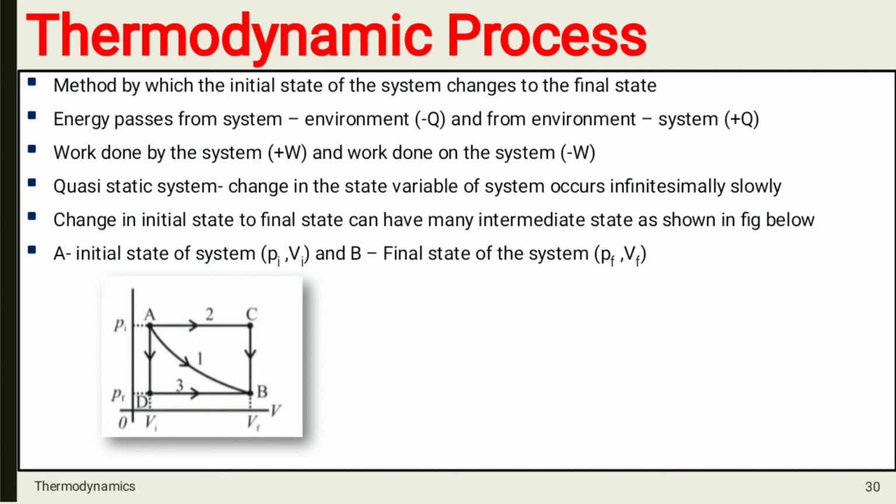That is, if in any process you want the system to be in thermodynamic equilibrium, then the changes happening in that system, to change it from the initial state to the final state, should be very slow. You can call it infinitesimally slow. Then and only then can the system remain in thermodynamic equilibrium.